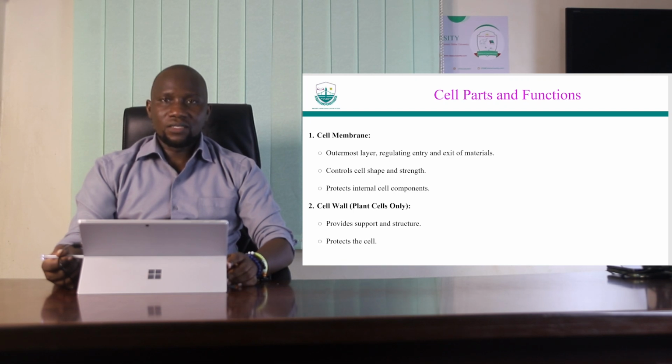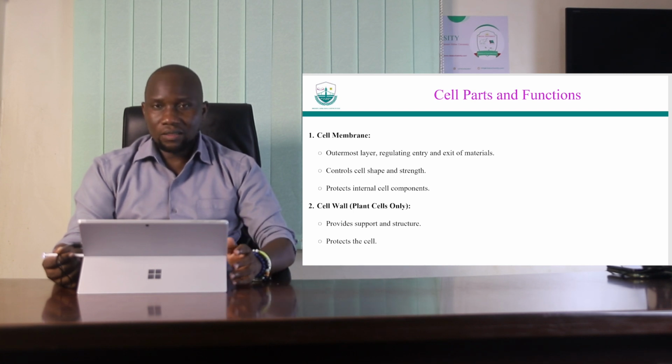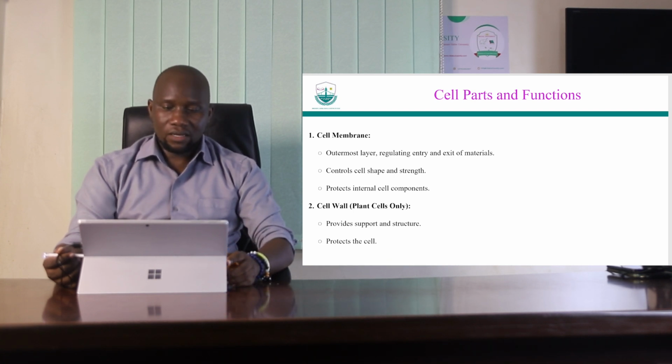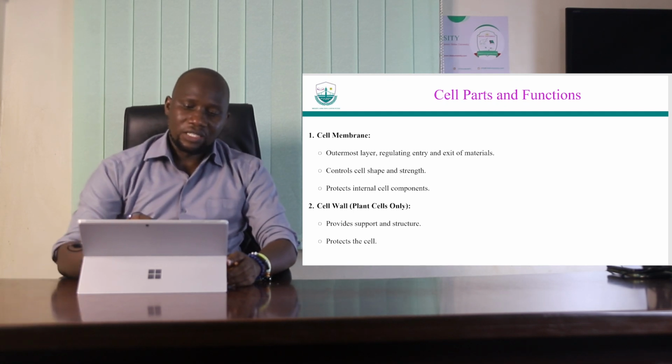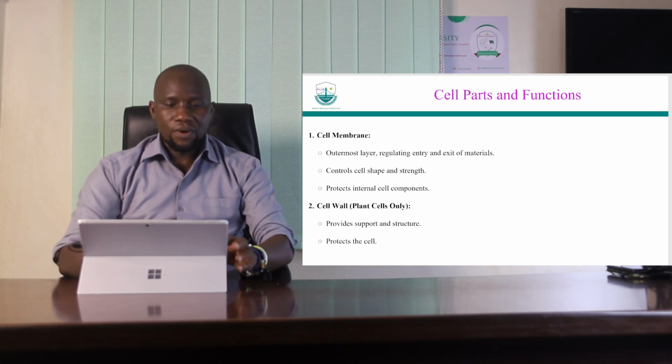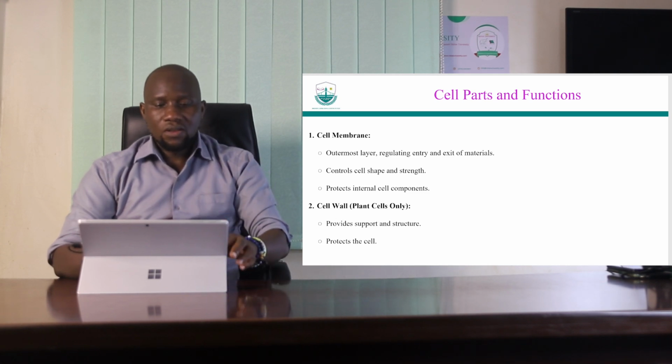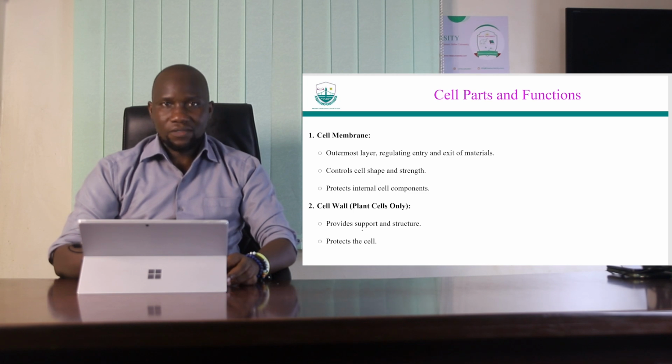The cell membrane controls what enters and also what goes out of the cell. It plays some role in maintaining the cell strength and shape, but you will notice that actually it is the cell wall that plays this role much more.